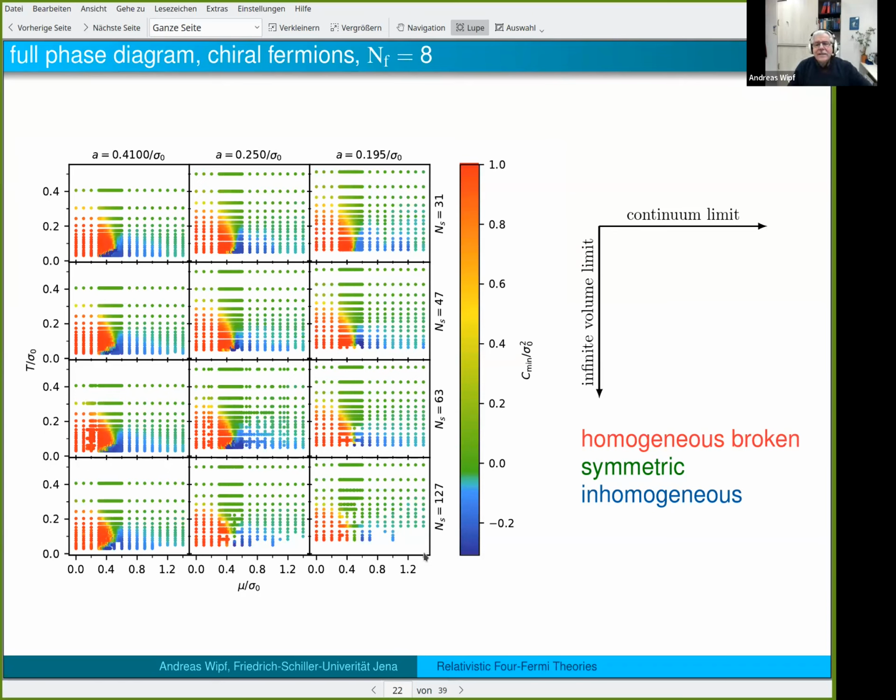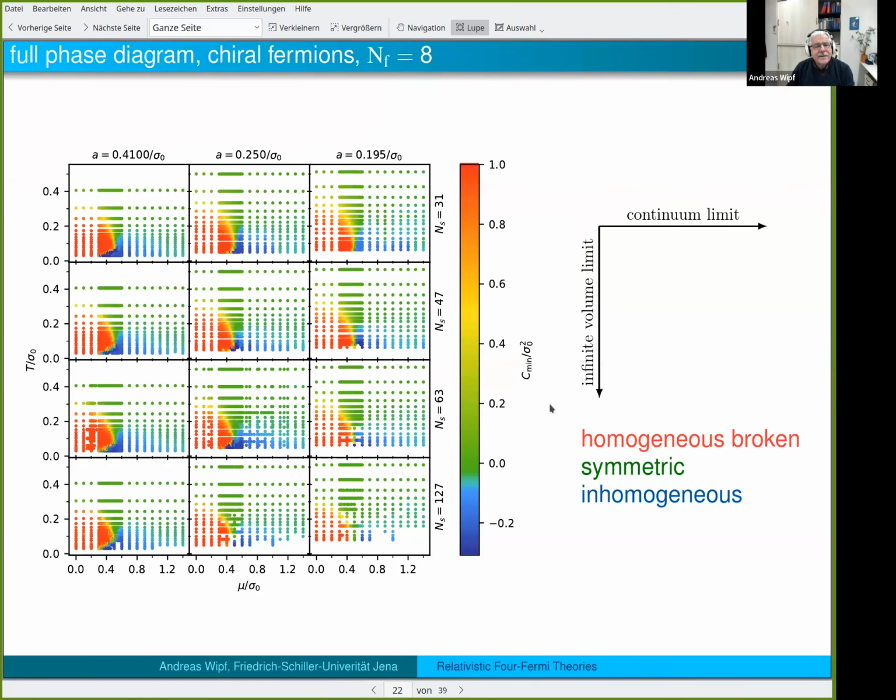So you can see the blue domain is the inhomogeneous phase. The red again is the homogeneous broken phase, and the green one is the symmetric phase. So what you see is even in the continuum limit, we have a leftover of this blue inhomogeneous phase.